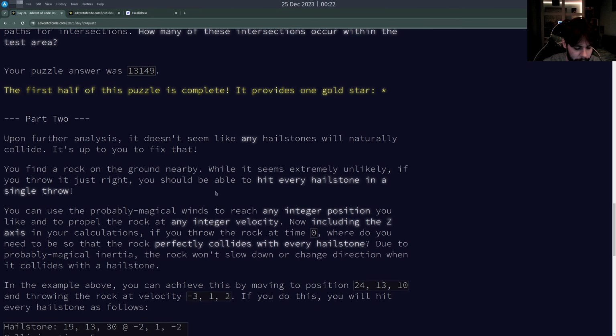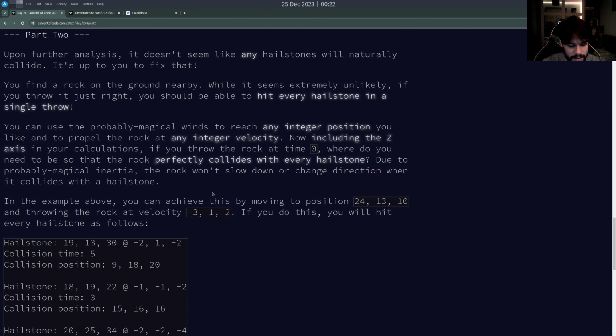So basically, this might be it. This might be time to call it, but I'll give it a small go. So you have a rock, and you throw it, and you want to hit every single one in a single throw. You can throw it at anything, but it won't change direction.